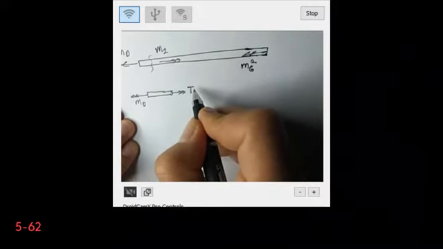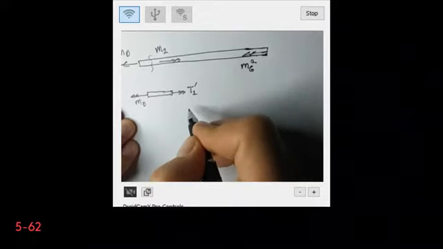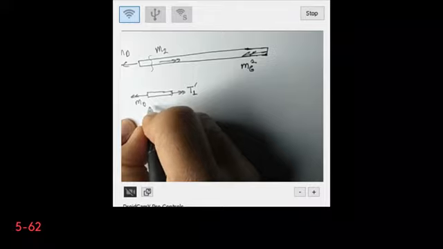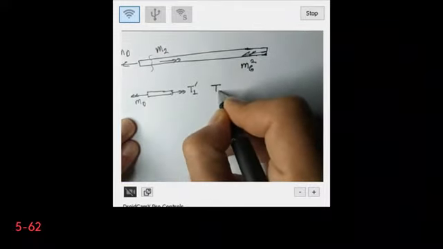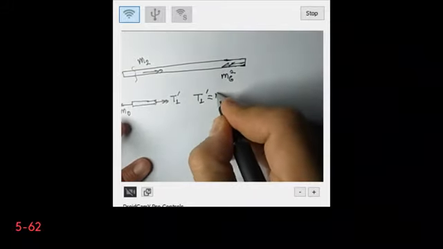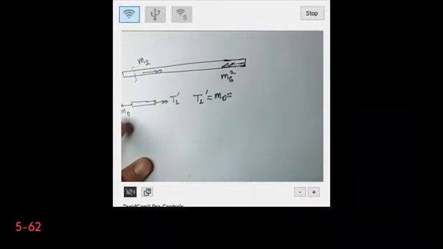In order to differ it from the first shaft, I will put a prime on T1. So T1 prime is equal to MD. And remember that the value for the MD is 30 Newton meters.